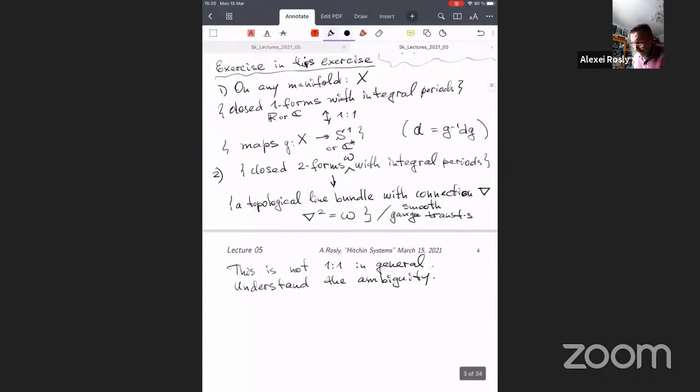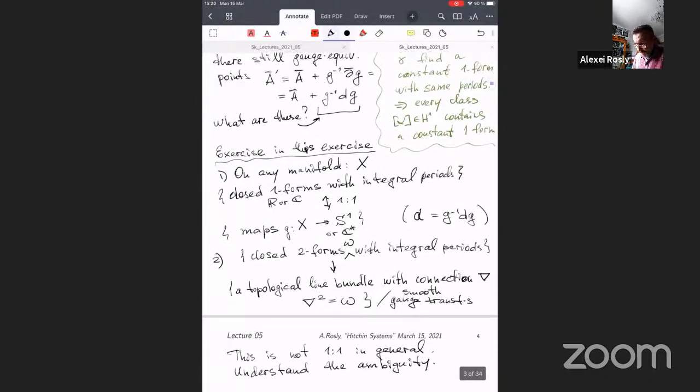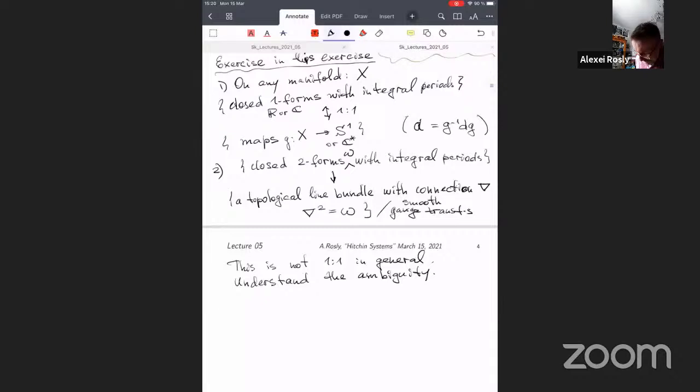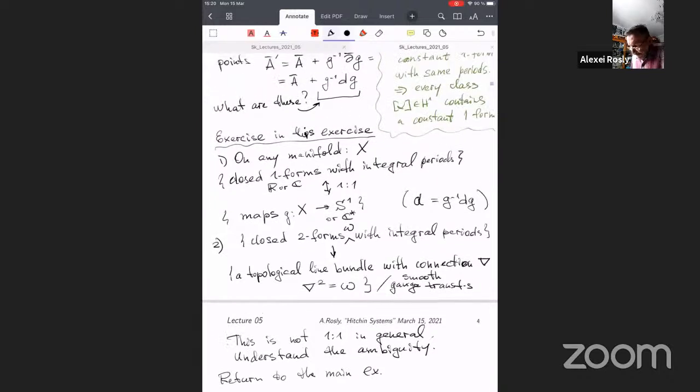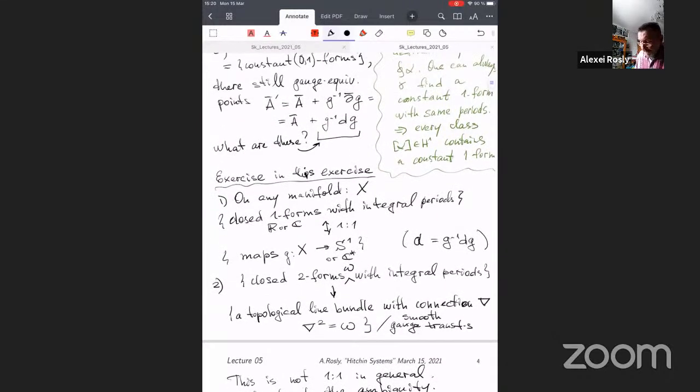Okay, now returning to our main exercise. What was this small exercise about?